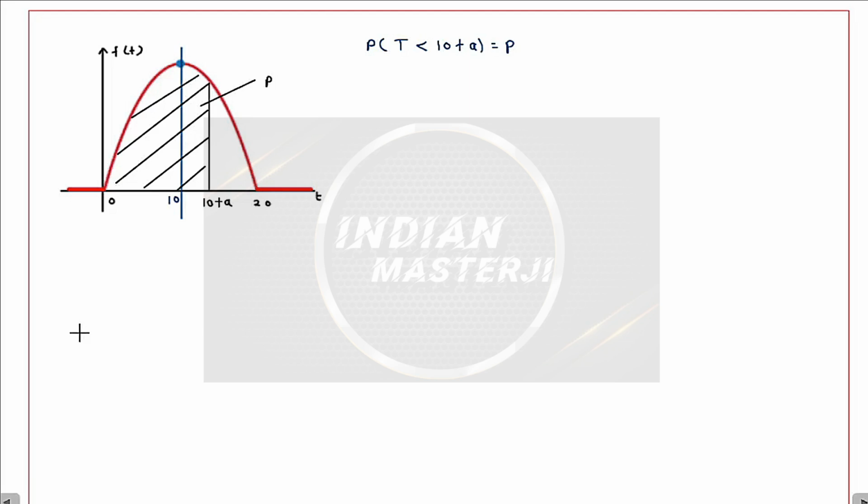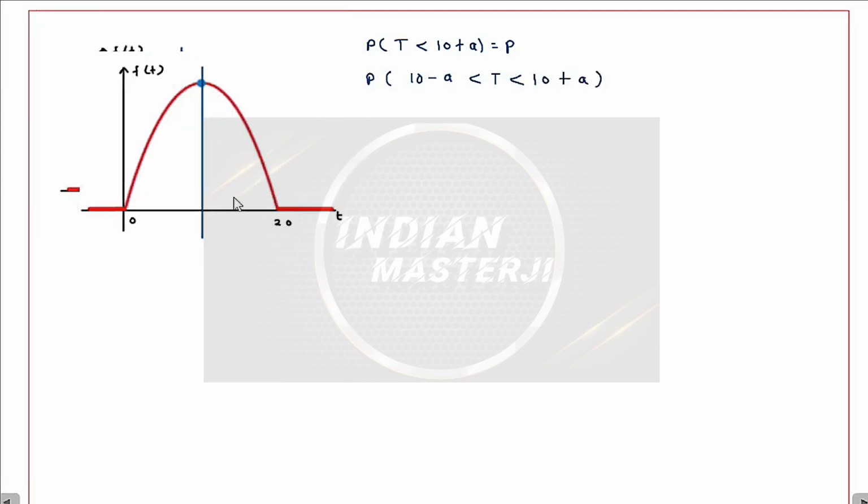Okay, but what are they asking us? They are asking us probability of 10 minus a being less than t is less than 10 plus a. So how do we find out that particular part?